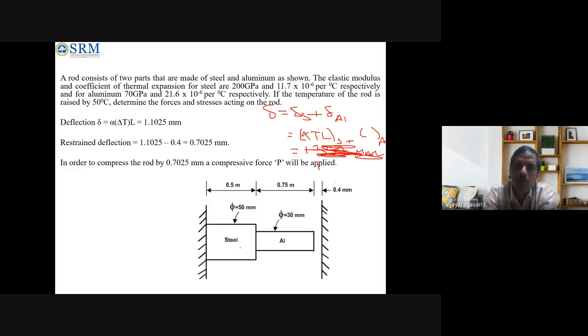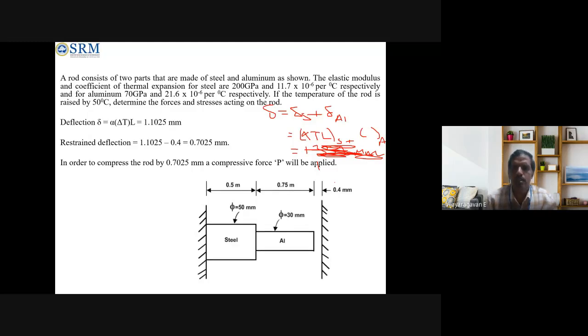So how much load is required? In order to compress the rod by 0.7 mm, a compressive force of P is required. So what will be that P? That we have to calculate.